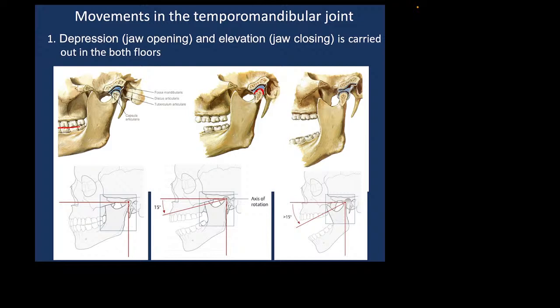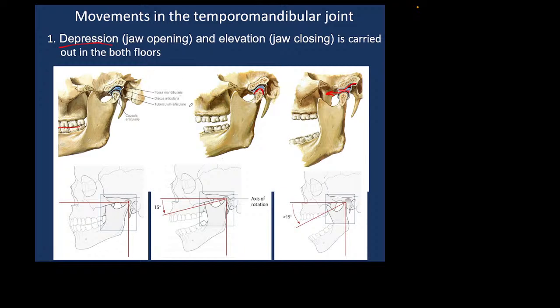When people open the mouth more than 15 degrees, then the disc moves anteriorly, and this movement takes place in the superior part of the cavity. Such movement we call depression.